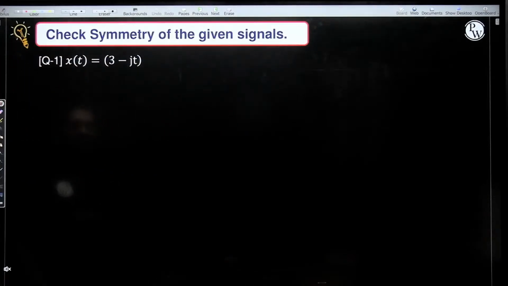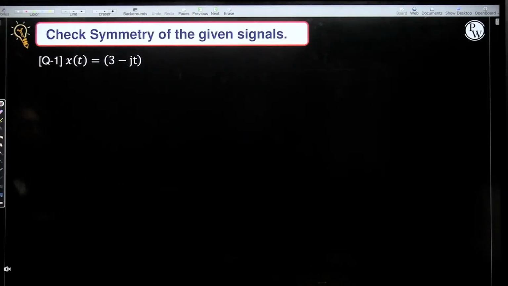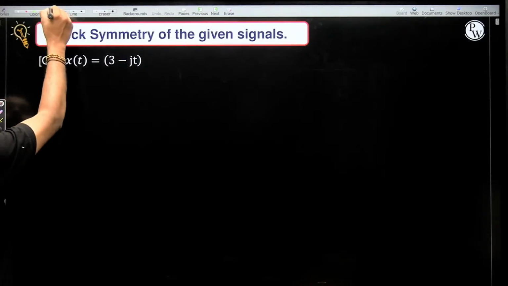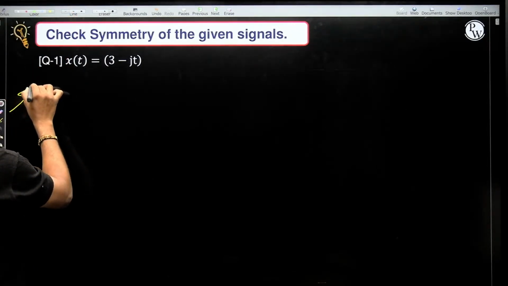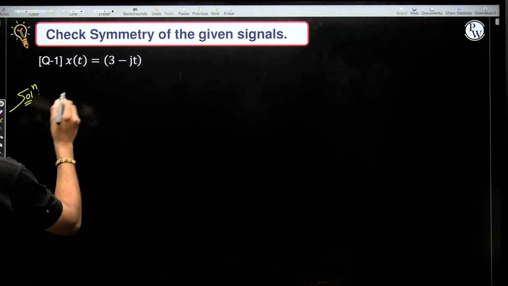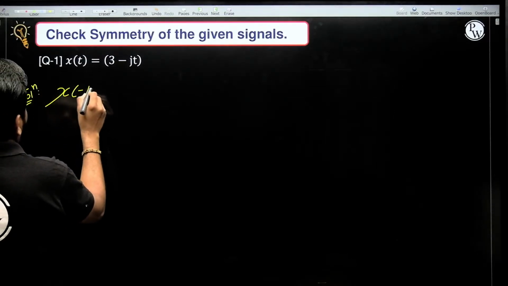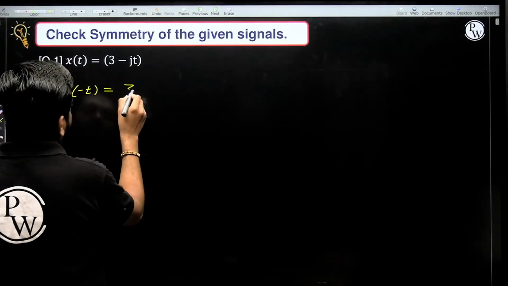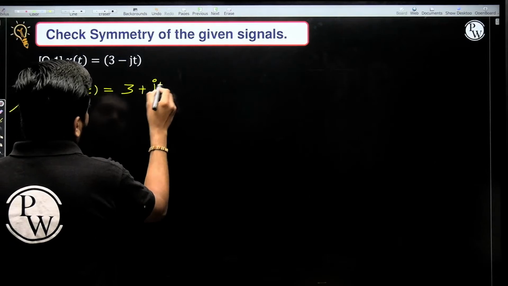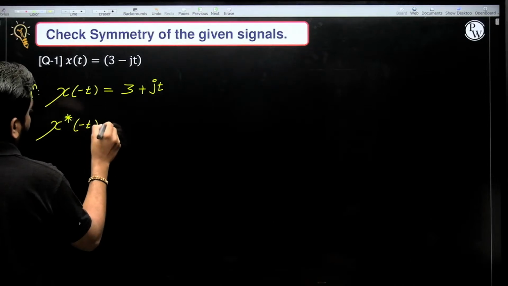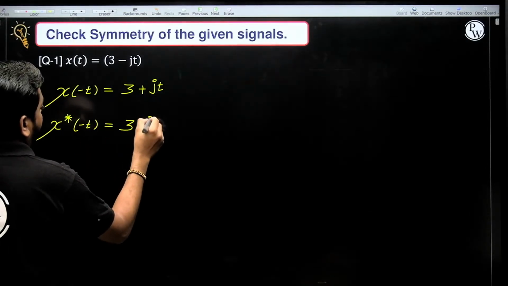The first question: check the symmetry of the given signal, conjugate even signal, conjugate odd signal, or neither. You have to tell whether this is conjugate even, conjugate odd, or neither. First t becomes minus t. This is a complex valued signal, real part and imaginary part both are present. Then conjugation also: j becomes minus j.